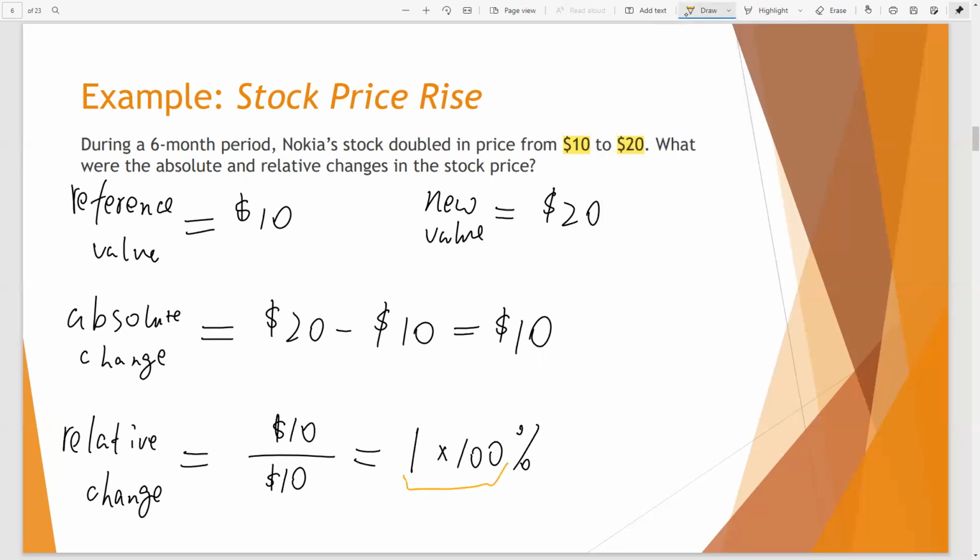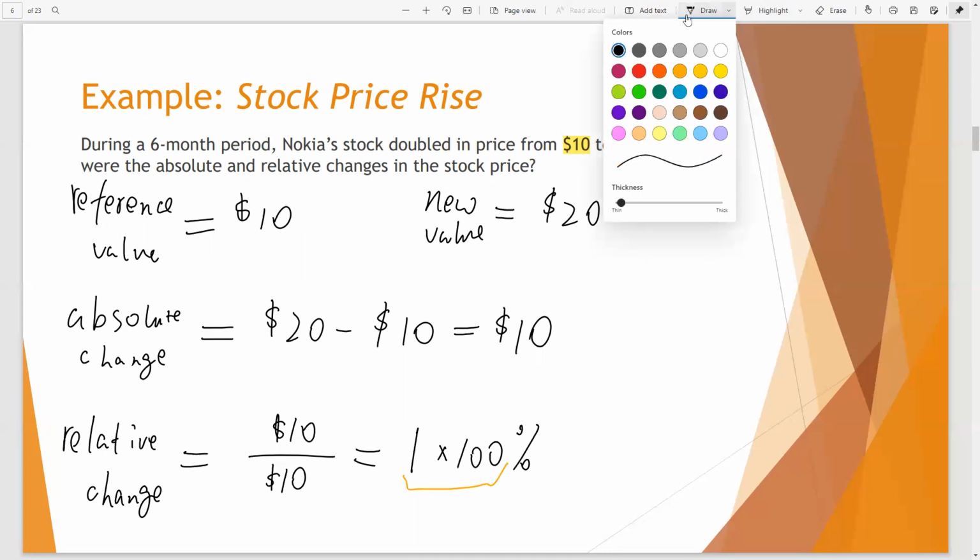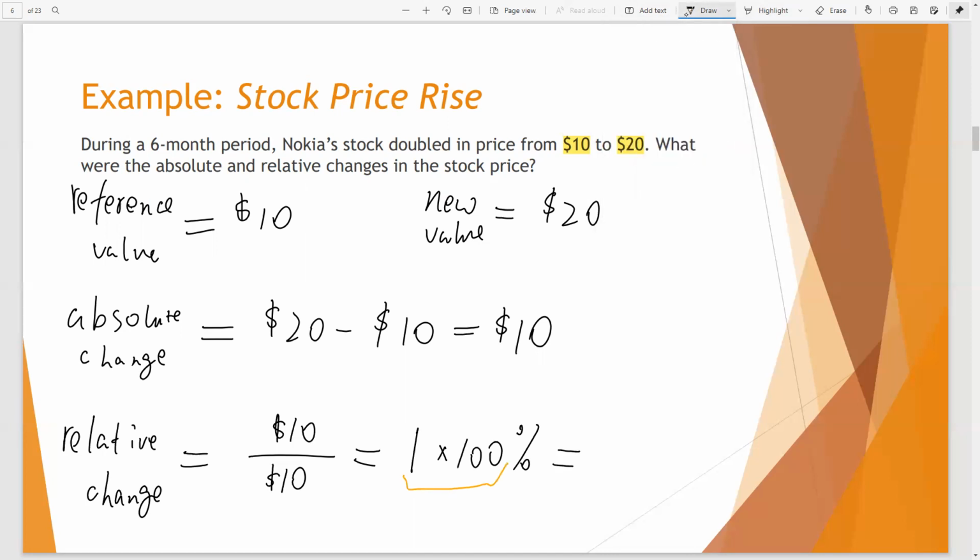Multiply the number parts and leave the percentage: 1 times 100 is 100. So the relative change is 100%. In other words, it increased by 100%.